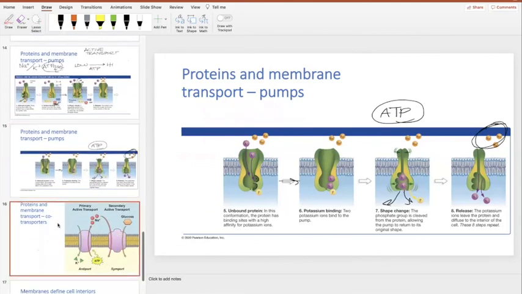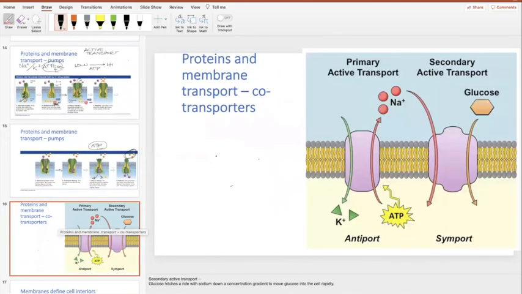All right, the last thing that I want to show you is another sort of active transport mechanism. And this involves something called co-transporters, okay? So we can talk about antiporters and symporters. Now I've already shown you an antiporter.